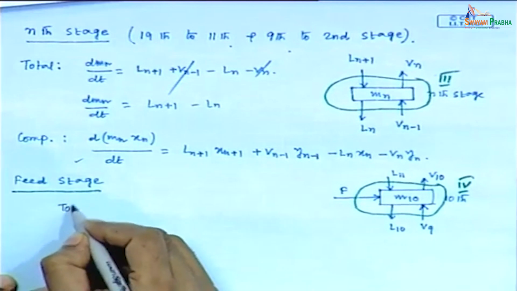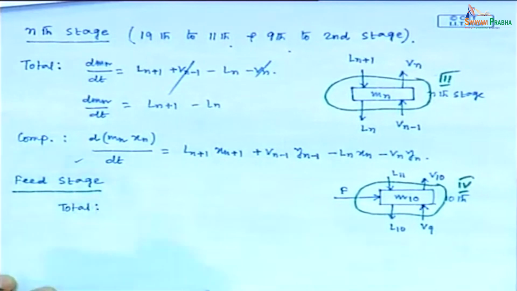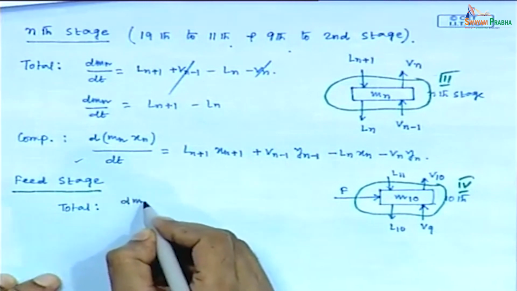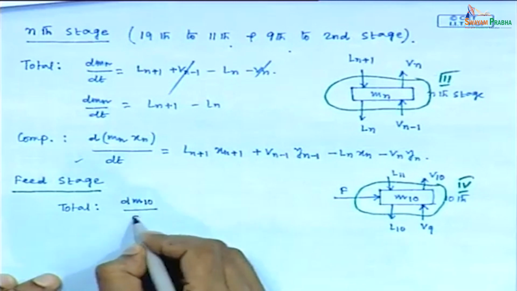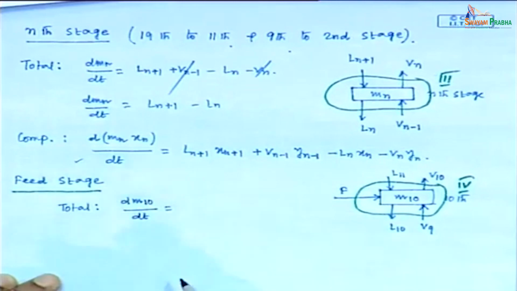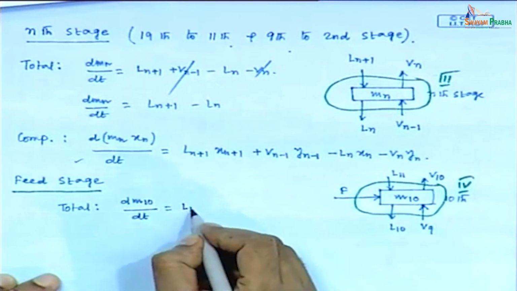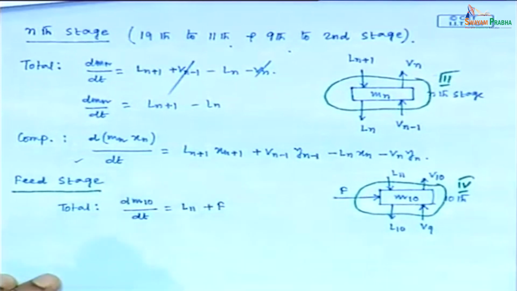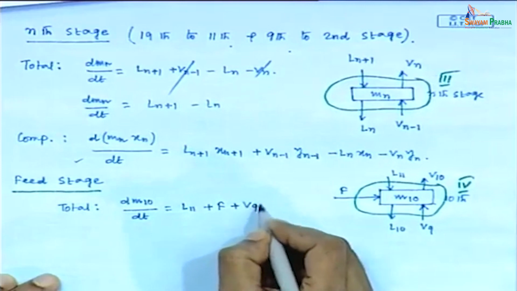What will be the total mass balance equation? dM10/dt equals L11 plus F plus V9.